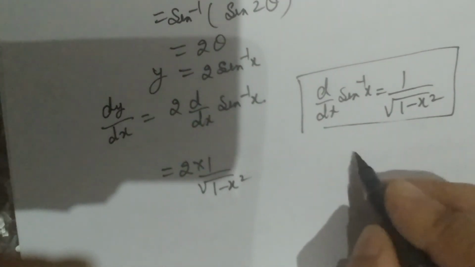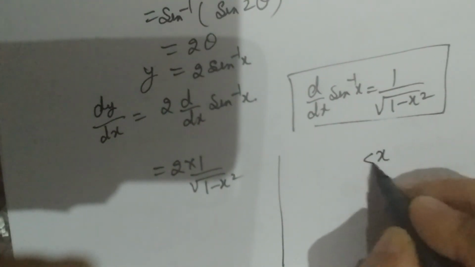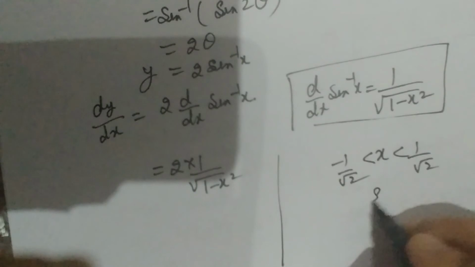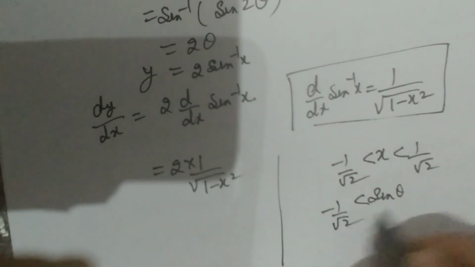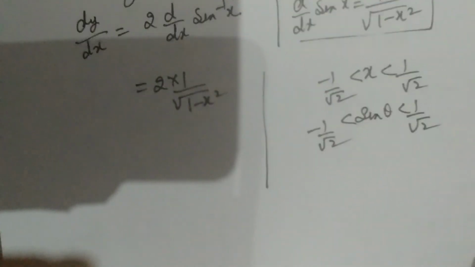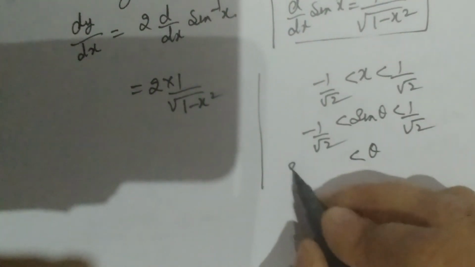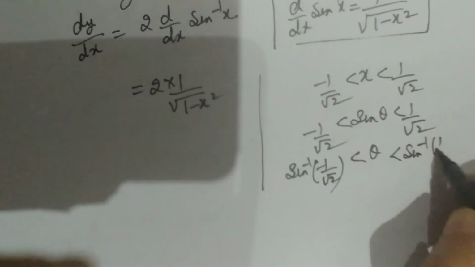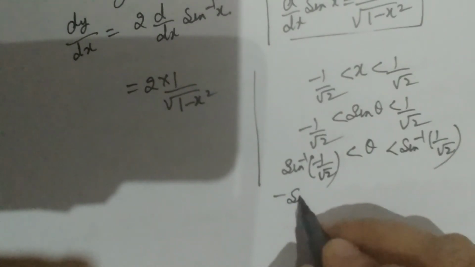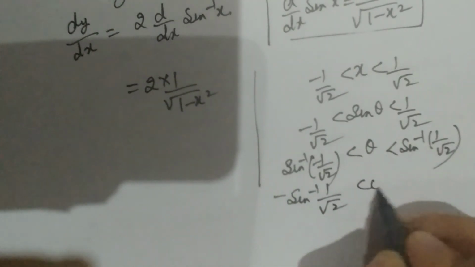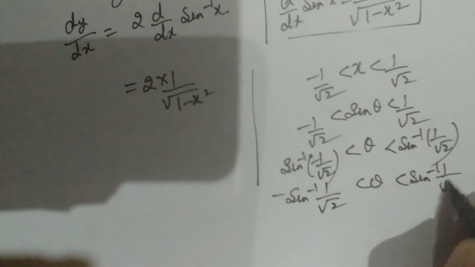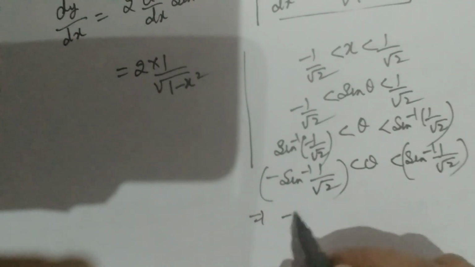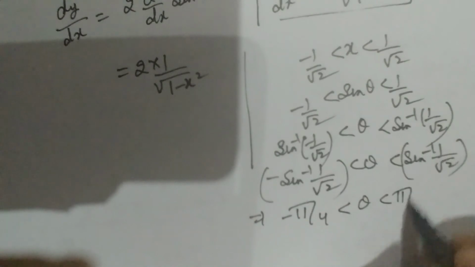Now let us see how to verify the condition which is given alongside. x is lying between minus 1 by root 2 and 1 by root 2. What is x? x is sine theta, so theta will be sine inverse of minus 1 by root 2 on one side, and sine inverse of 1 by root 2 on the other. So it is minus pi by 4, and pi by 4.